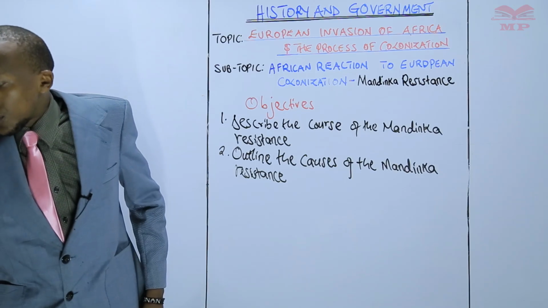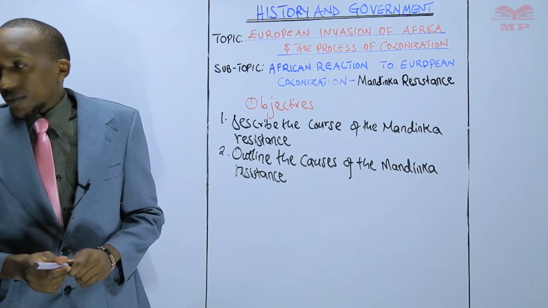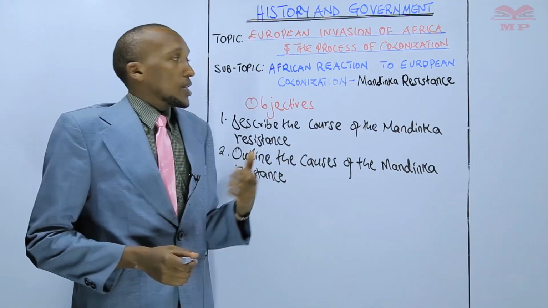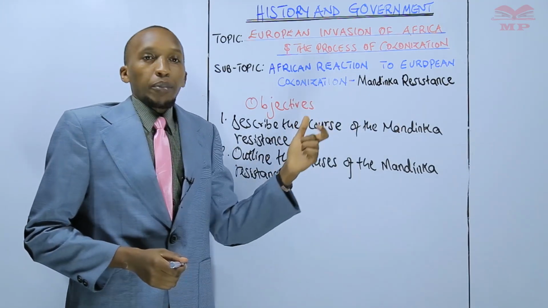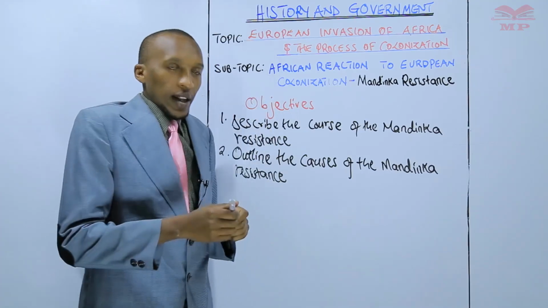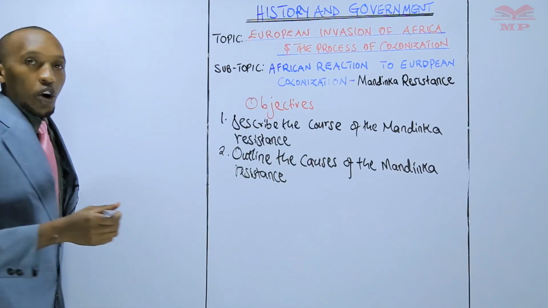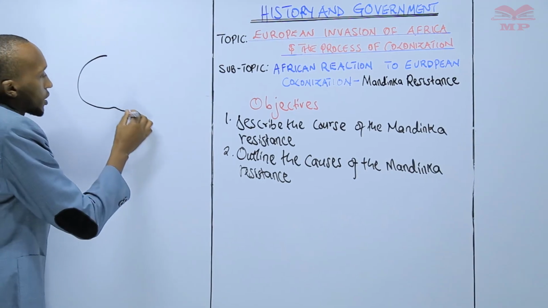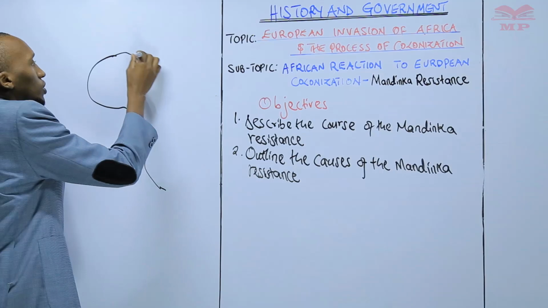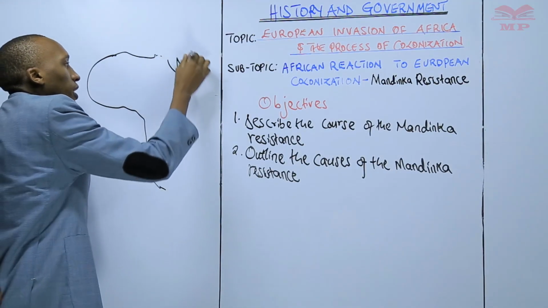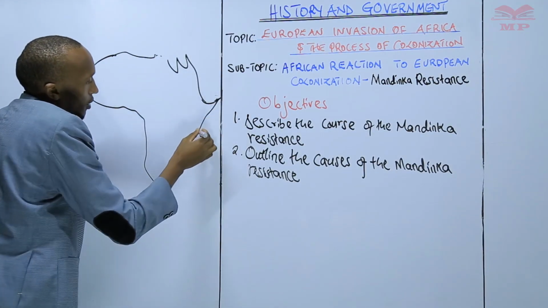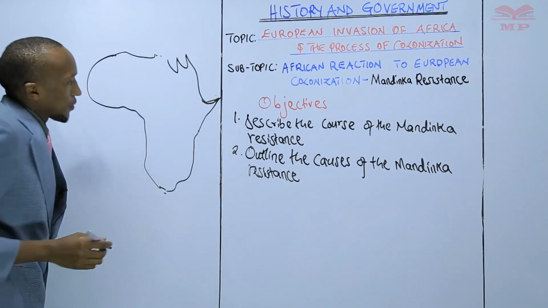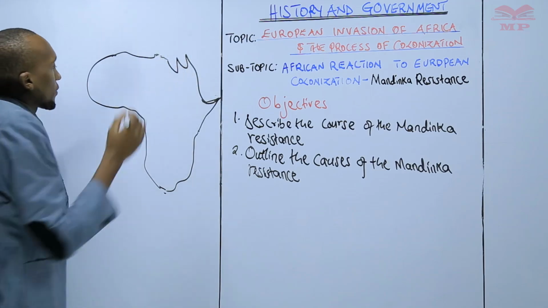So to start, my dear learner, when you talk of the Mandinka resistance, this was a resistance that happened in West Africa. Let us have an illustration of the map of Africa. It's just a simple illustration of what the map of Africa looks like. Here we have the Suez Canal.